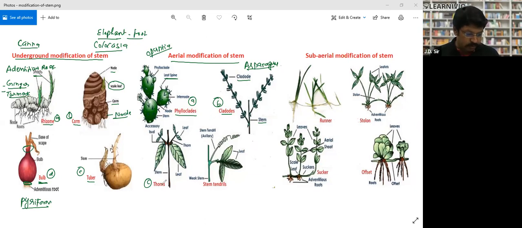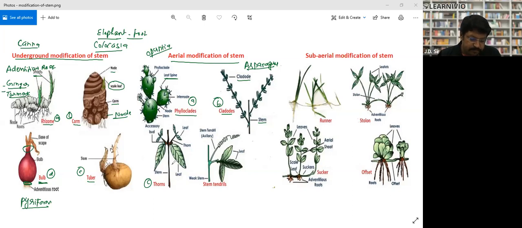Next is thorn, so please put it down. Thorns are modified stems because they have vascular bundle. Inside the thorn there is vascular bundle.